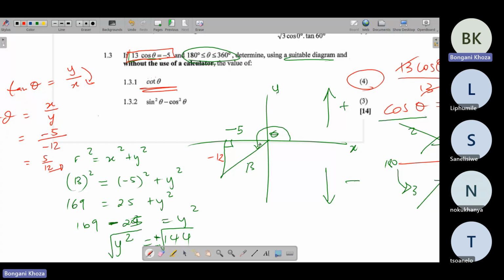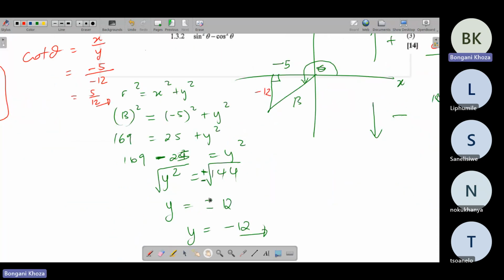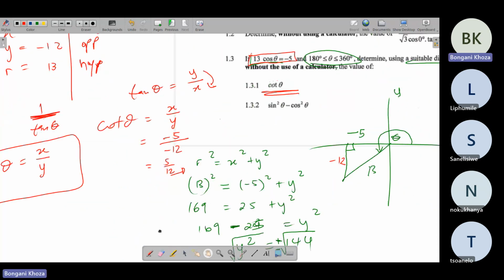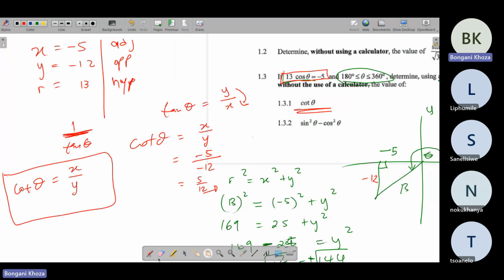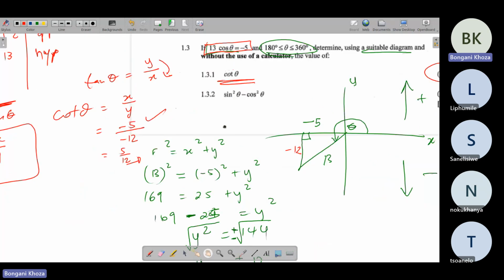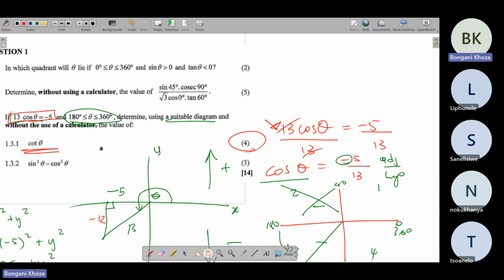They want to see where you started from, simplifying this, and then from there finding the right quadrant and drawing your diagram, the Pythagoras theorem, and then getting the right value, whether it's the positive or the negative one, and then substituting. So this substituting part could just be 1 mark, whereas all the other marks are from the method that you have used.